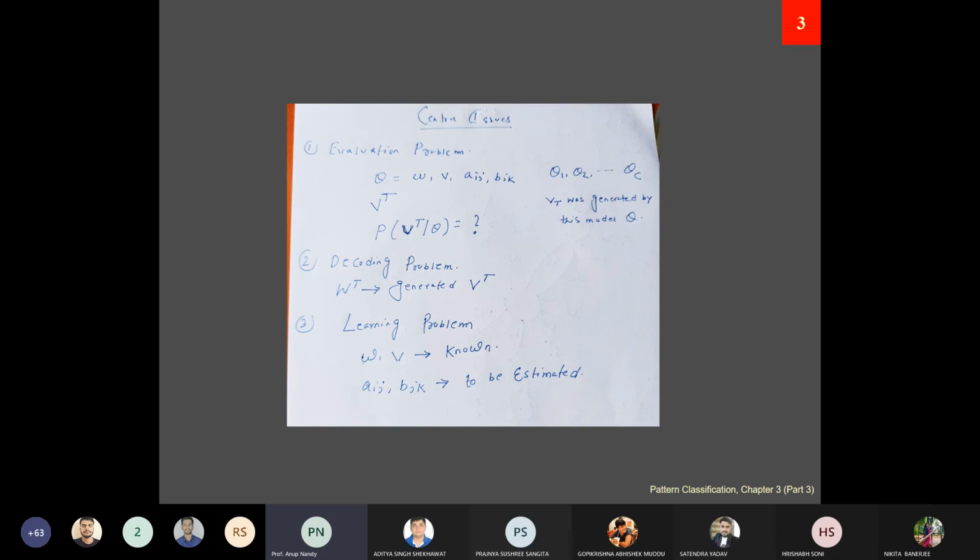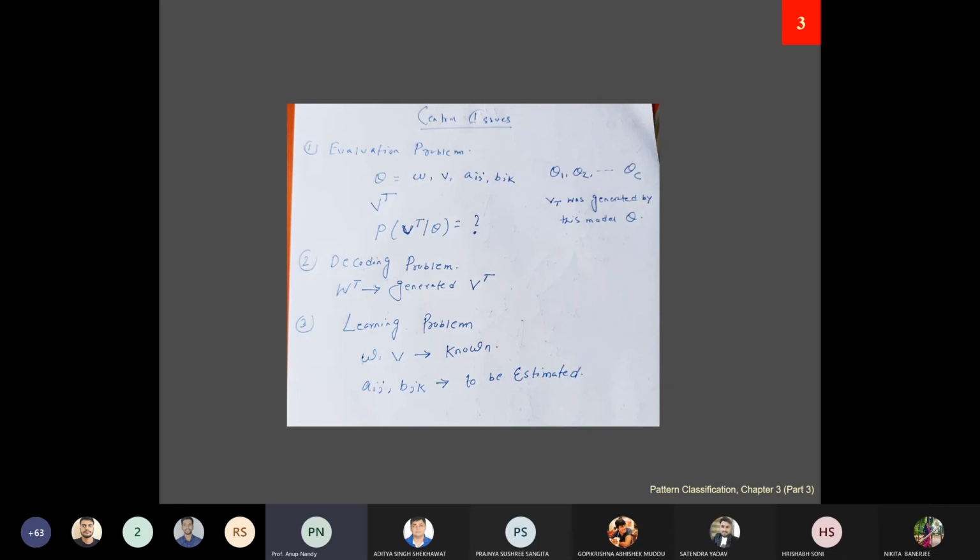Now in the evaluation problem, this theta is given, theta means your HMM model. So this HMM model can be described using these parameters. W is your hidden states, V is your observation sequence, Aij is your transition probability, Bjk is your emission probability.